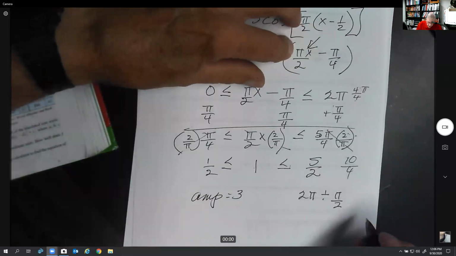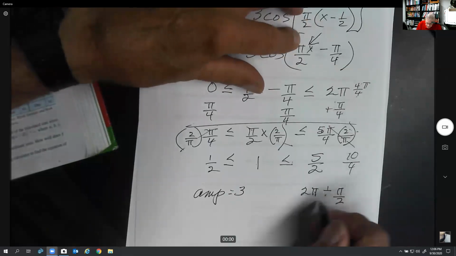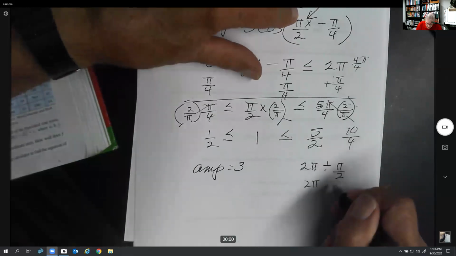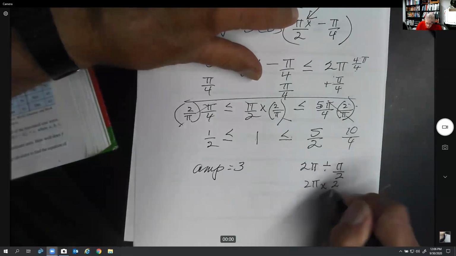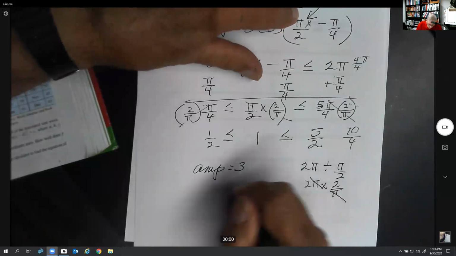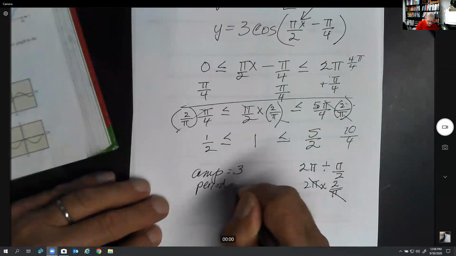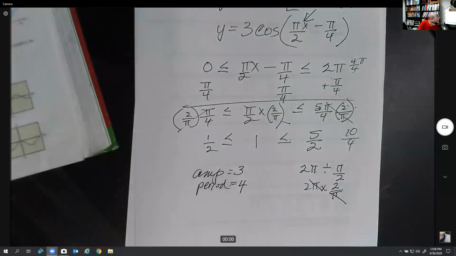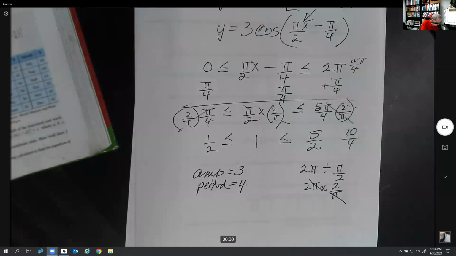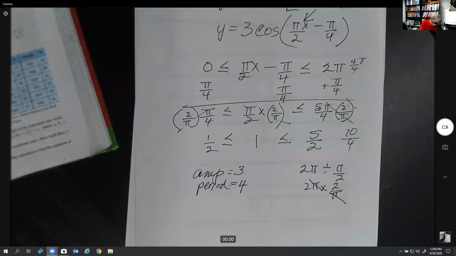So the period would be, if you multiply this out, 2 pi times 2 over pi. So the period should be 4, huh? Let's see if that's correct. The period of this function should be 4. Maybe I made a mistake here someplace. All right, let's take a look and see. 29, yeah, the period is 4.